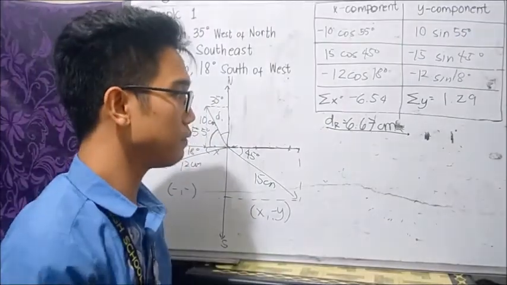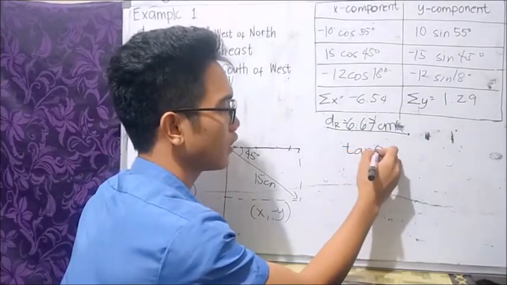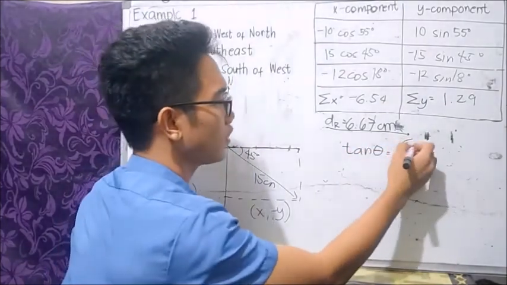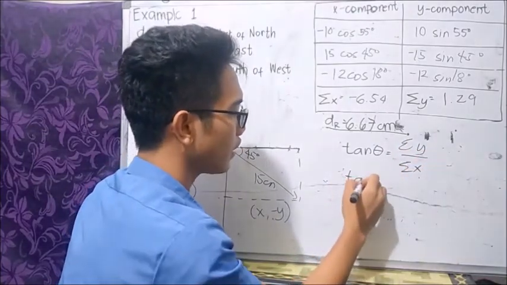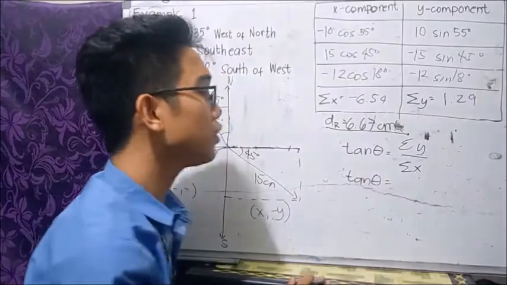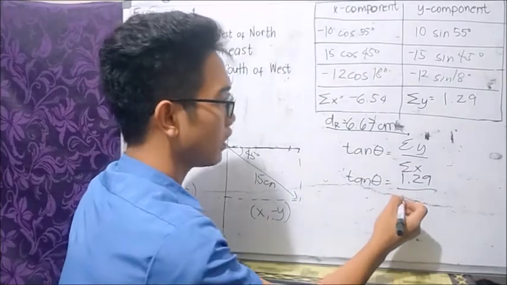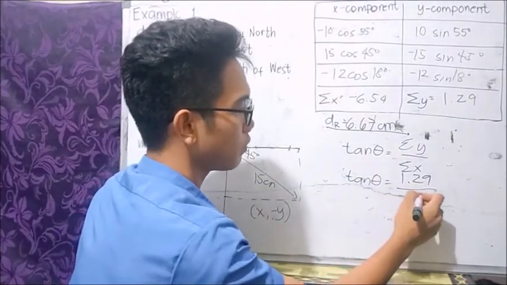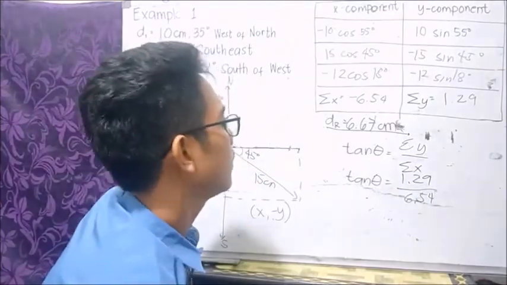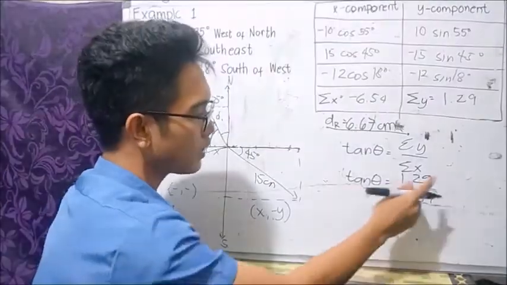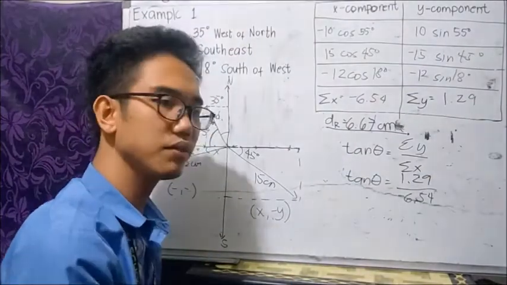Using the ratio, tangent theta is equal to the summation of y divided by the summation of x. So tangent theta is equal to 1.29 divided by negative 6.54. To get the value of theta, we take the inverse tangent, or arctan, of 1.29 divided by negative 6.54.